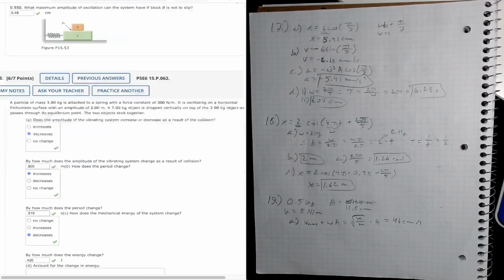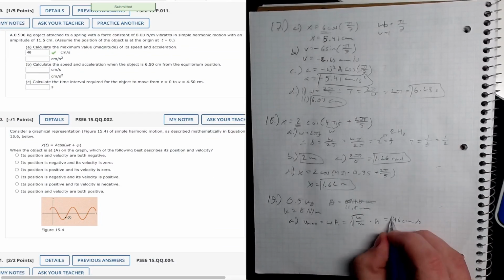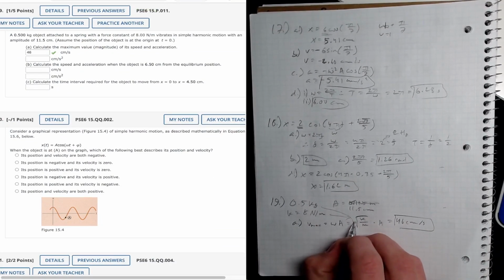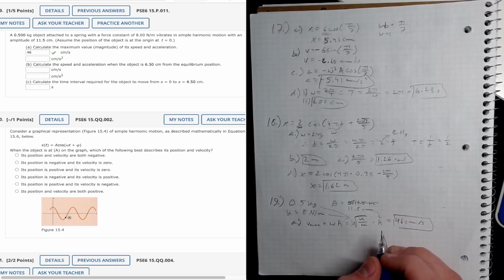My math might be wrong, but yeah, 46 centimeters per second. There you go. You just plug in your values for K, M, and A, in centimeters.